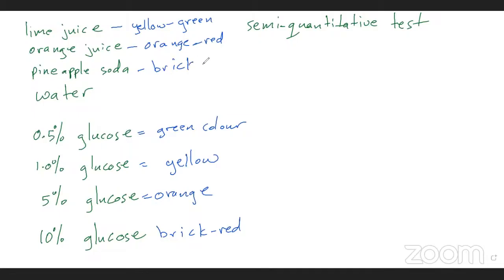This is brick red. And water is blue. All right, so based on this, what would you estimate the glucose concentration to be in the lime juice? 1.0%. Just a second.